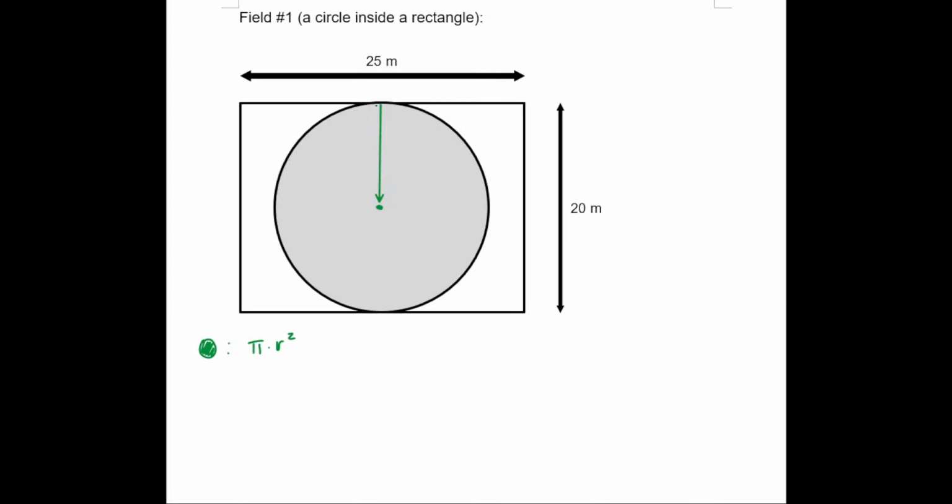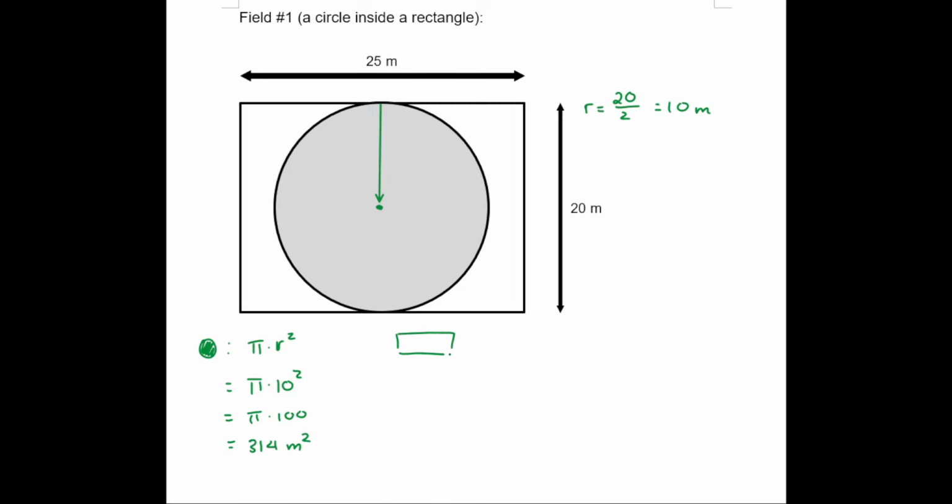But if we know the radius is just from the side to the middle, then it's just going to be half your diameter. So r is equal to 20 over 2, which is going to be 10 meters, all right? So we take 10, we plug it back into my formula, we get pi times 10 squared, which is pi times 100, which gives you 314 meters squared.